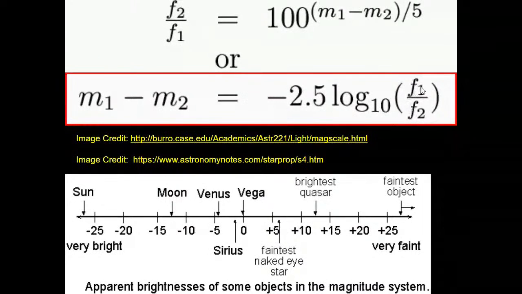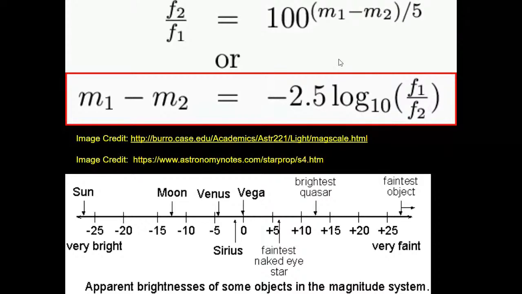If F1 is bigger than F2, that means more amount of radiation from the star per unit time per unit area is received from star 1 compared to star 2, then M1 minus M2 will actually be smaller because of this minus 2.5 factor. In other words, you can take the inverse of this result.